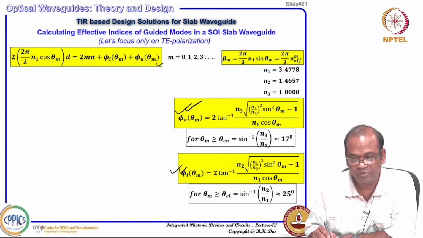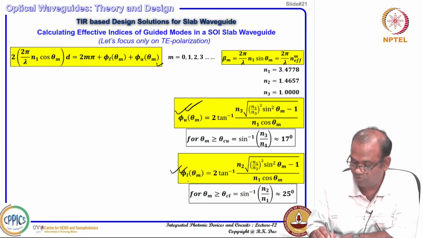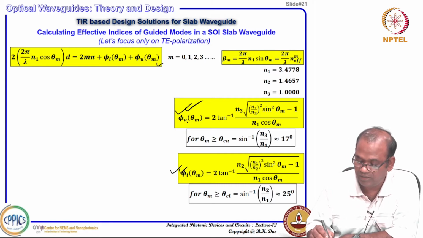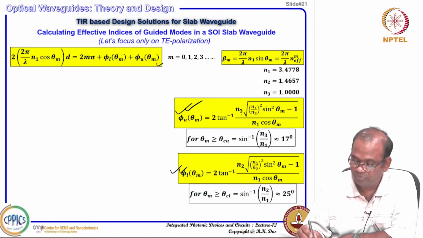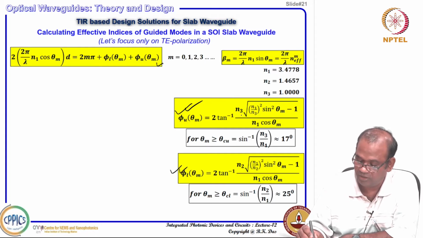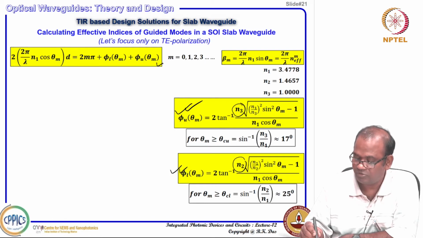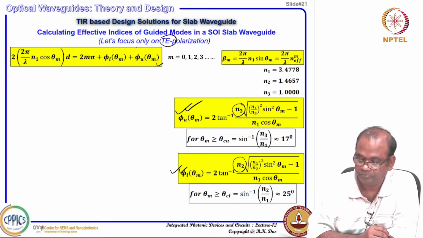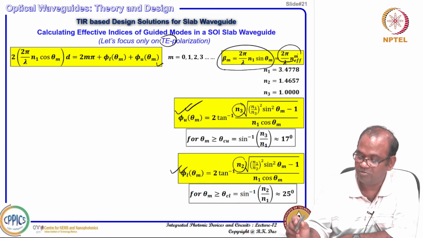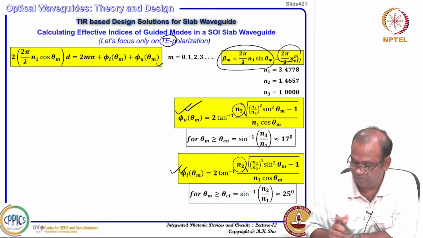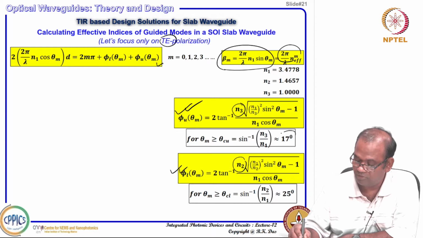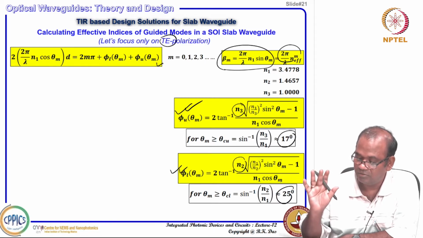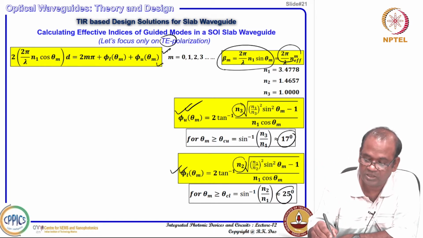That means the lower interface phase due to the total internal reflection, and the upper interface phase due to the total internal reflection, because the upper interface is n3 and the lower interface is n2, that is why this is there. Obviously, this is for TE polarization, you should keep in mind. And beta m, whatever solution, I have just written for your understanding, and I have also shown the calculated value here to keep in mind while solving this.